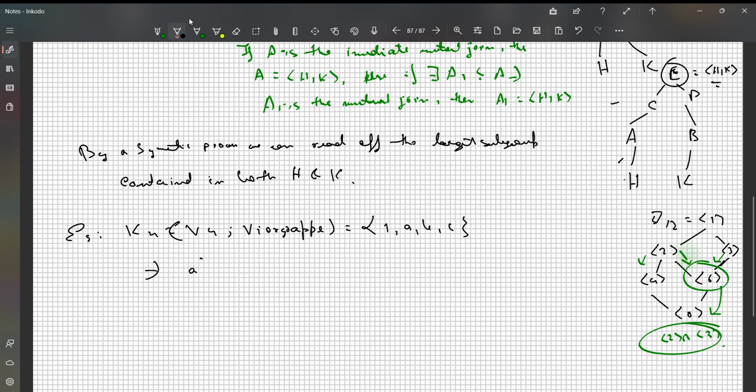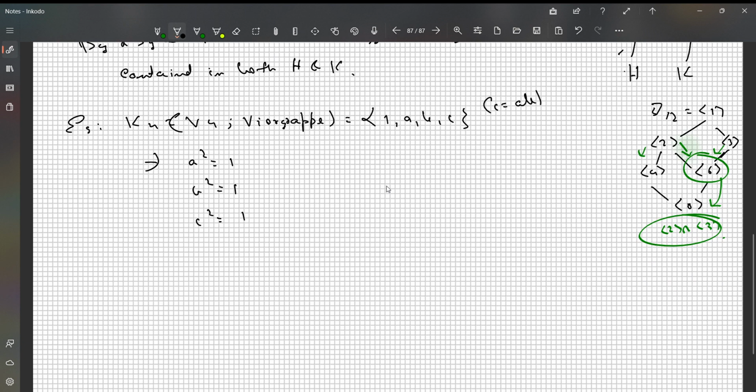So it consists of the elements 1, A, B, C such that A squared equals 1, B squared equals 1, and C squared is also equal to 1. And obviously you can notice that C is nothing but AB. So what is the lattice diagram of it? Let me come up with the constructive procedure.